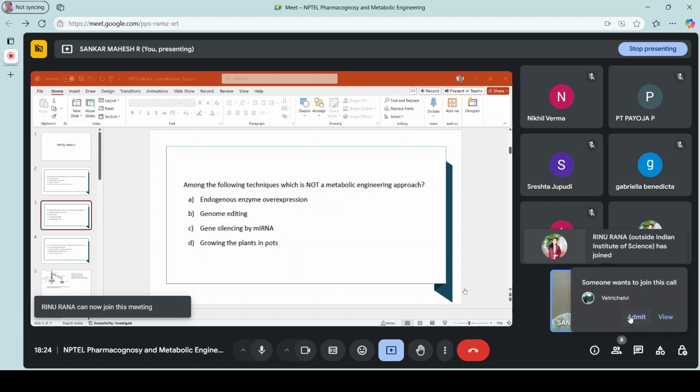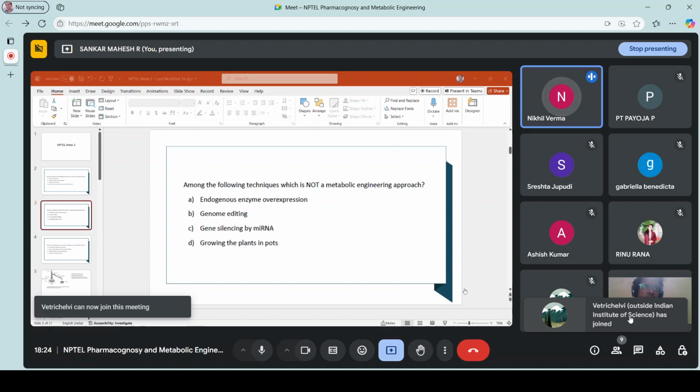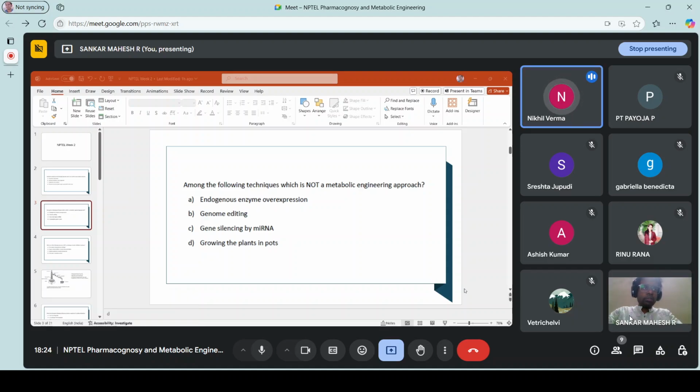Okay, you can repeat yourself. I said that we can produce a new protein or enzyme by editing the genome of a particular organism. Like we can produce insulin by injecting a plasmid DNA in a bacterial cell.